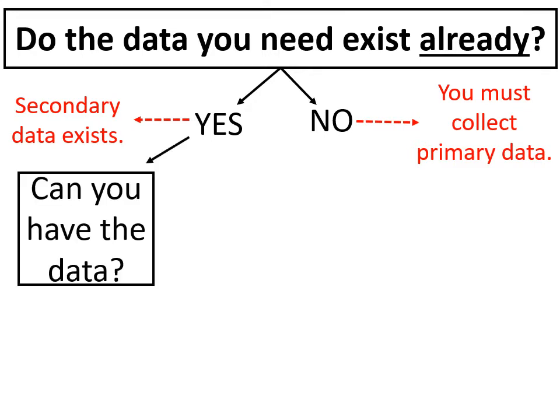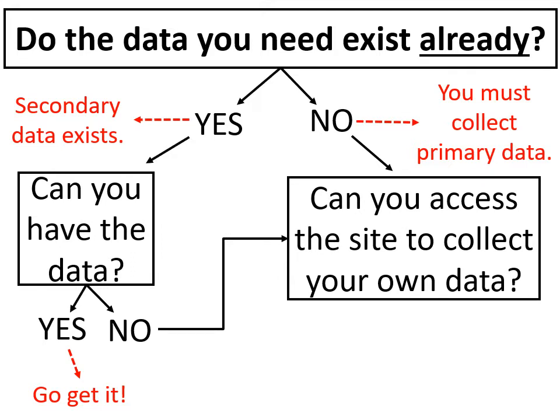However, if we go back here to secondary data, just because secondary data exists, this leads us to the can you have the data question. If yes, then that's amazing. You're really lucky. So yes, just go and get the data.